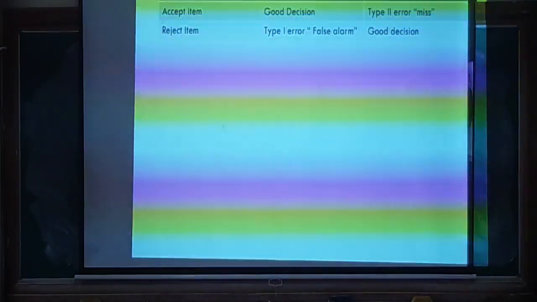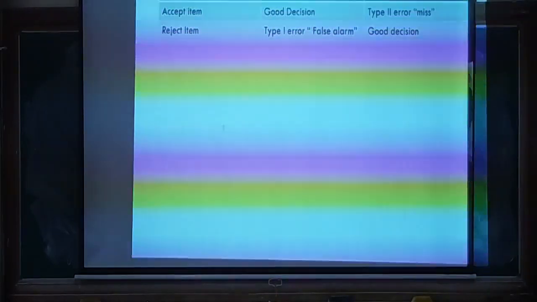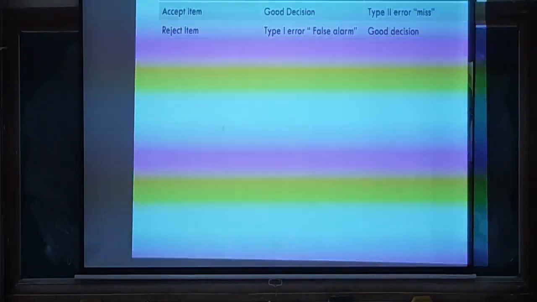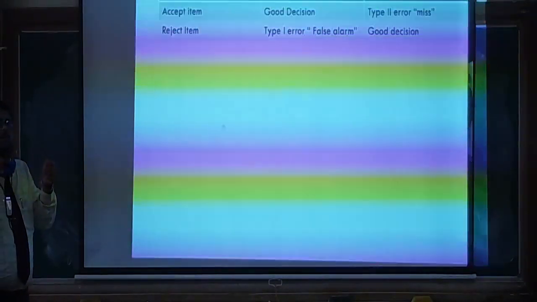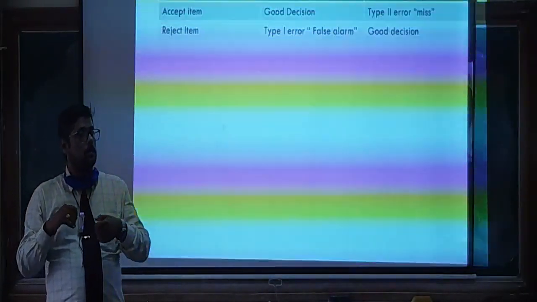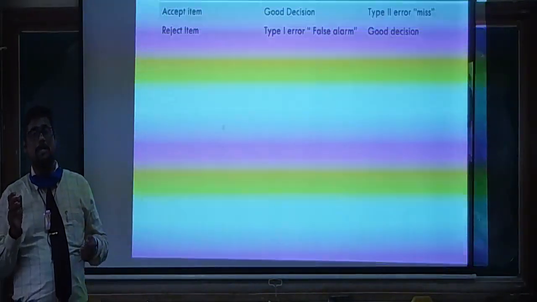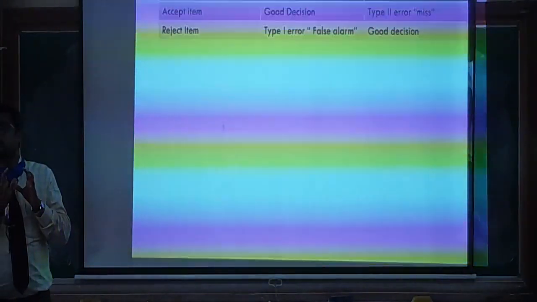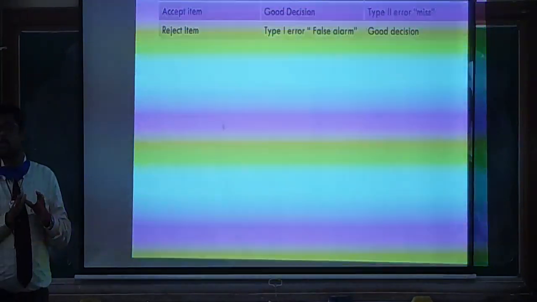If you are rejecting the non-conforming item, then it is a good decision. Once you inspect that particular component, when you check the dimension of the component, if it is not in the tolerance band, then you are rejecting that component, meaning you are identifying that item as non-conforming. So that decision is your good decision.